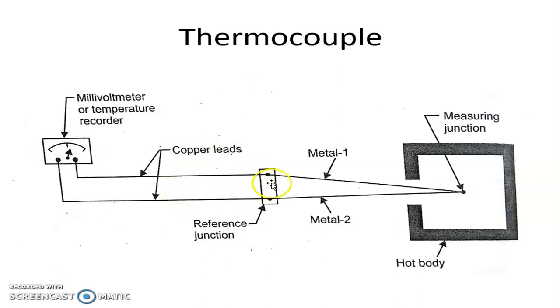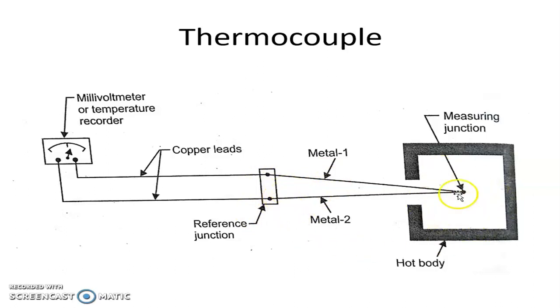So now this thermocouple consists of two dissimilar metals or alloys which develop an EMF when the reference junction and measuring junction are at different temperatures. This reference junction or cold junction is usually maintained at some constant temperature such as 0 degrees Celsius.